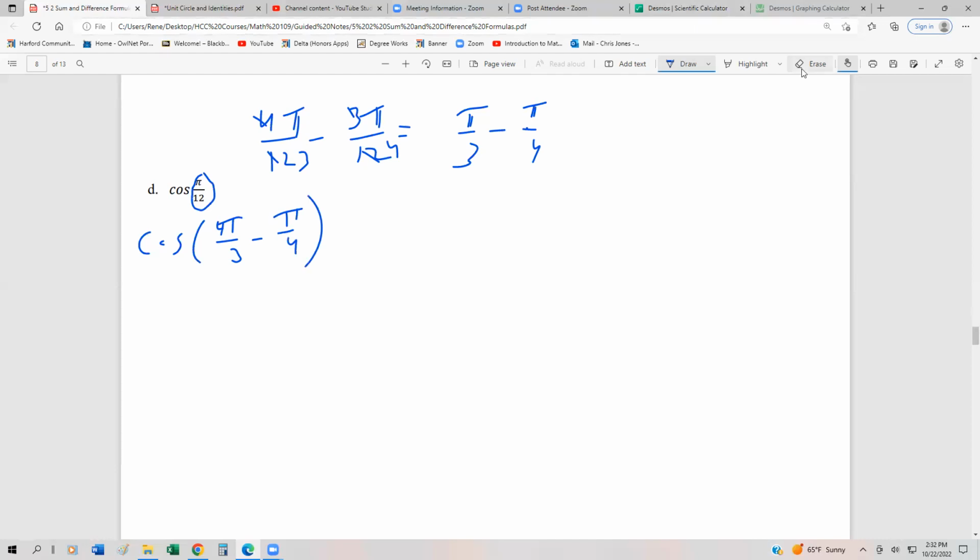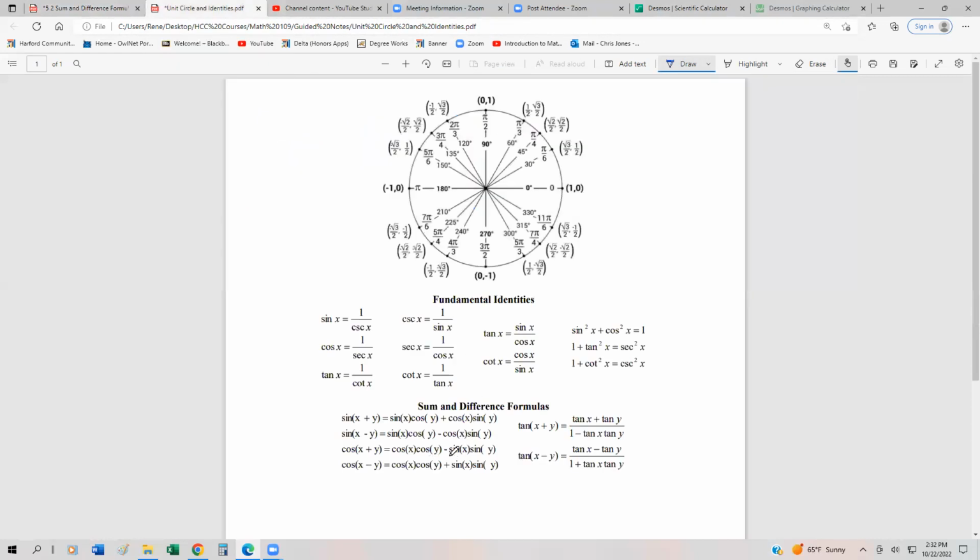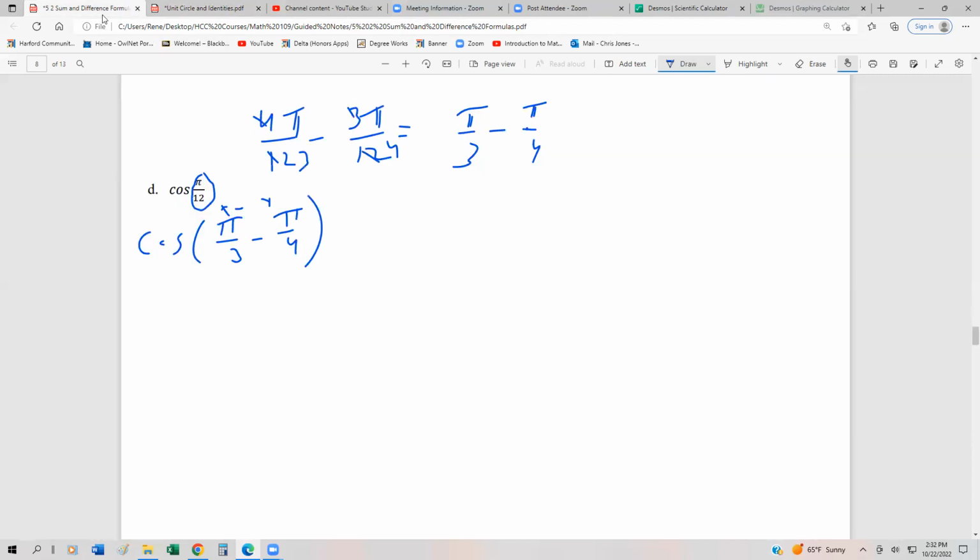We go into our formula sheet, and we notice that cos of x minus y, if we look at our formulas, that should be cos cos plus sine sine. So right here, cos of x minus y, cos cos plus sine sine. And so this is going to be equal to cos of pi thirds, cos of pi fourths, plus sine of pi thirds, and then sine of pi fourths.